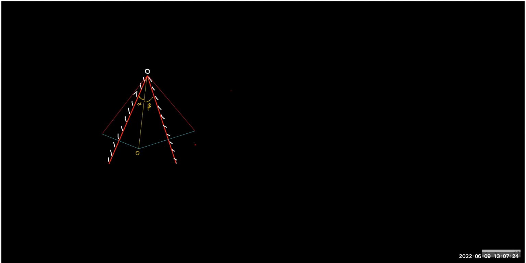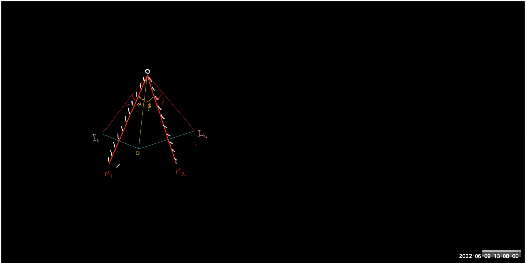And therefore the first image will be at the same angle away from each mirror, isn't it? Do you realize this? You can see this is I2, this is I1.